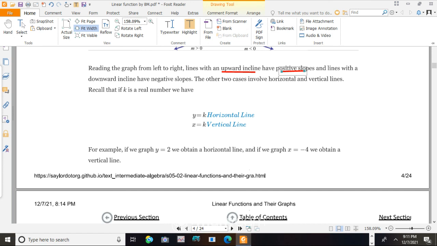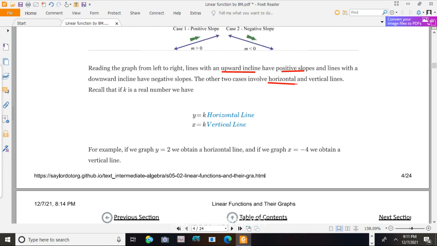The other two cases involve horizontal and vertical lines. Recall that if k is a real number, y is equal to k is a horizontal line, and x is equal to k is a vertical line.